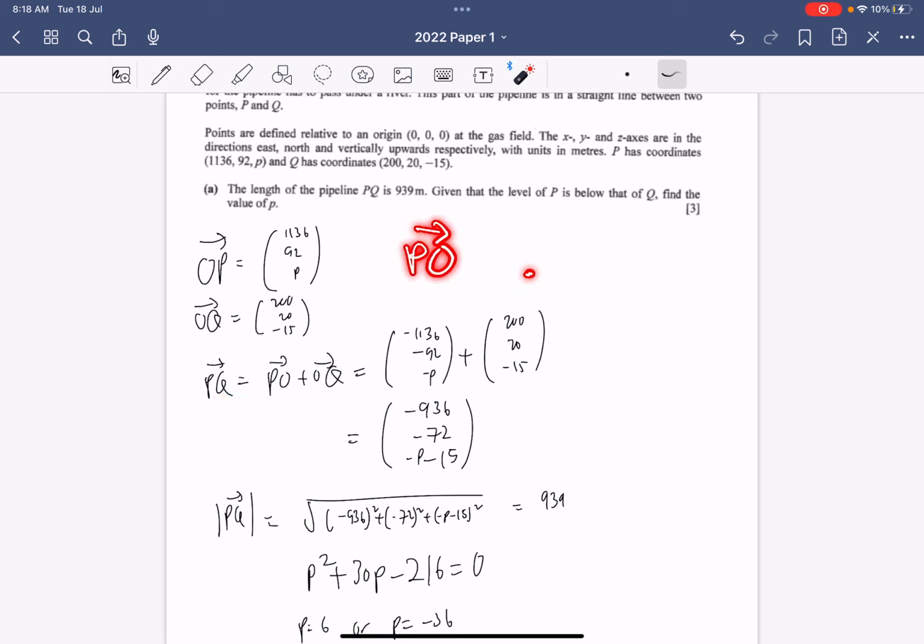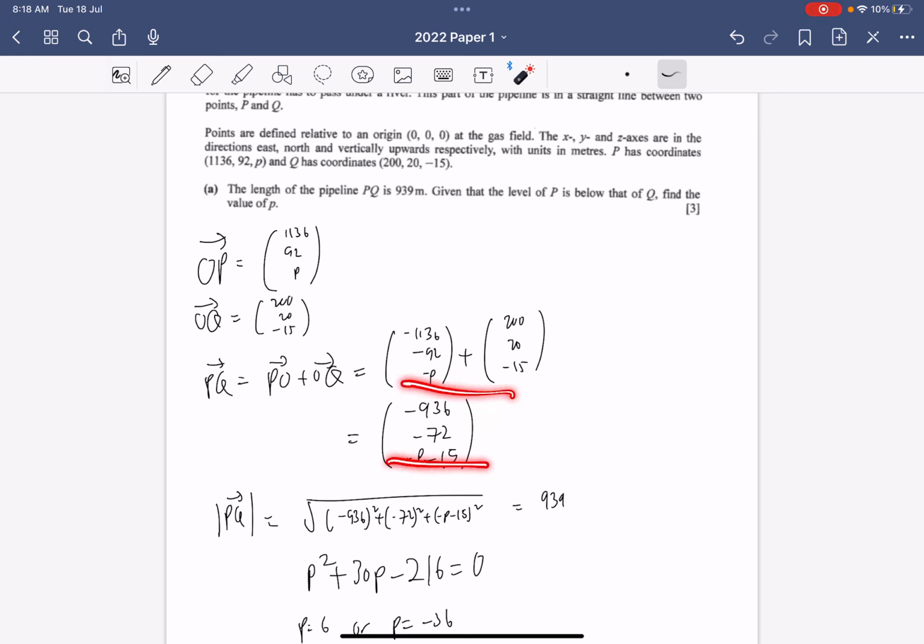So you just imagine you go from point P to point O to point Q, and then you just draw this resultant vector. So it's PO plus OQ. So you can see it's very easy to remember the formula, because it's just how the letters work.